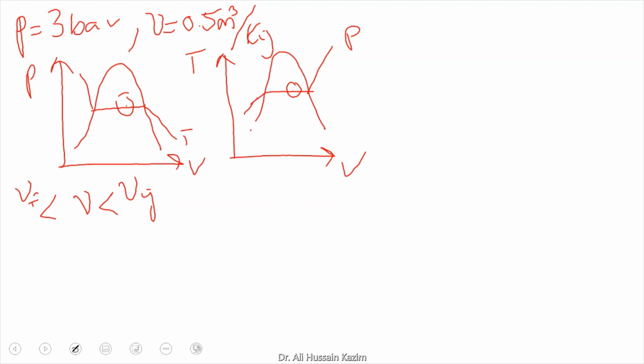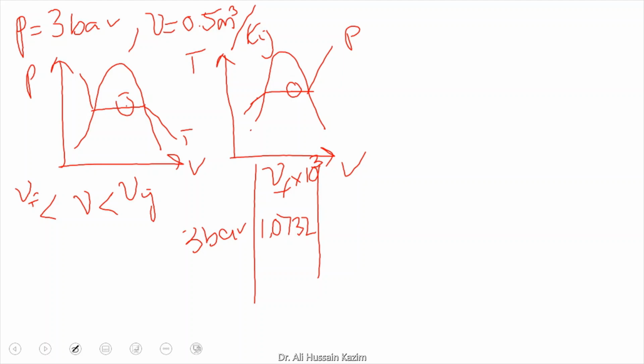The top of the table says VF into 10 raised to power 3, and corresponding to 3 bar pressure, the value was 1.0732, which means that the entire table is multiplied by 10 raised to power 3.